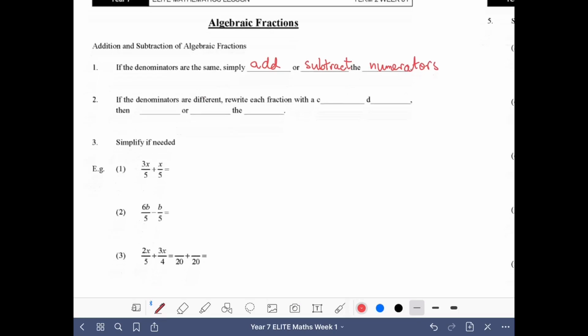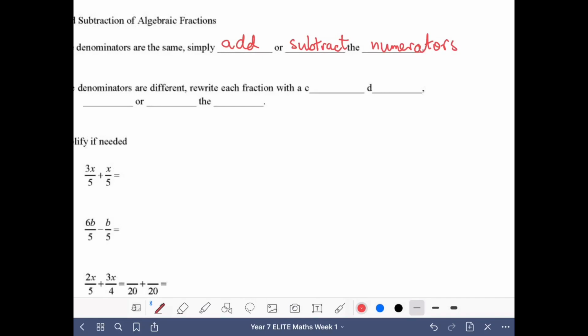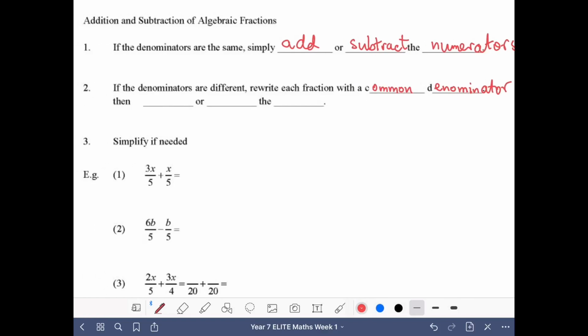If denominators are different, then rewrite each fraction with a common denominator. Then add or subtract the numerators. So same as before.